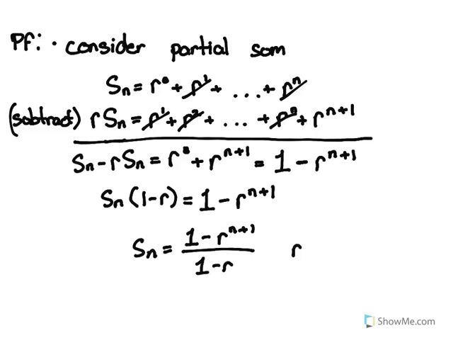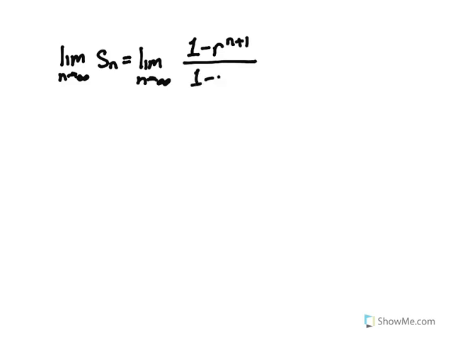And this is true only for r not equal to 1, because if r equals 1, then the denominator is 0, and this fraction blows up. We'll come back to the r equals 1 case shortly. Now to look at the convergence of the series, we need to consider the limit as n goes to infinity of Sn, which in this case is equal to the limit as n goes to infinity of 1 minus r to the n plus 1 over 1 minus r.